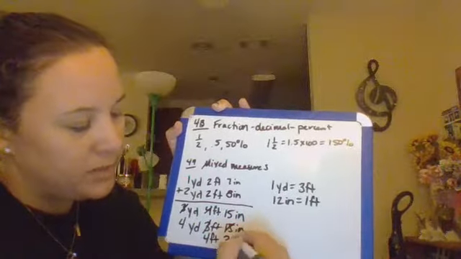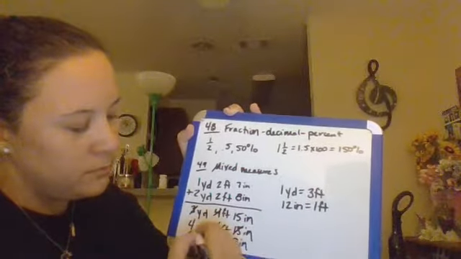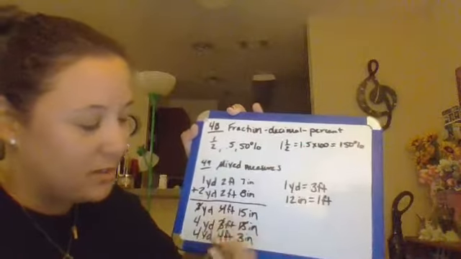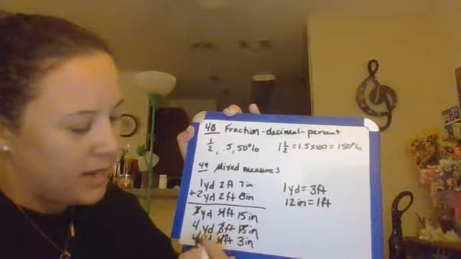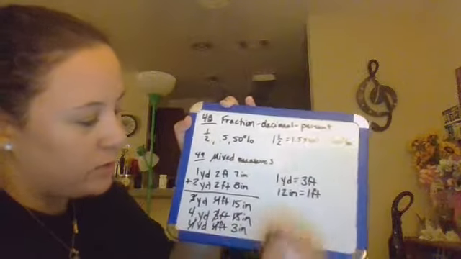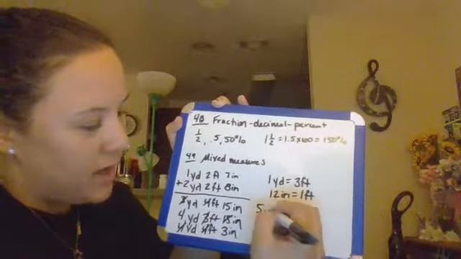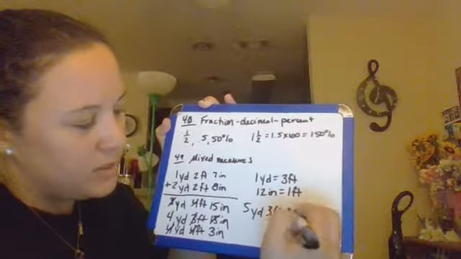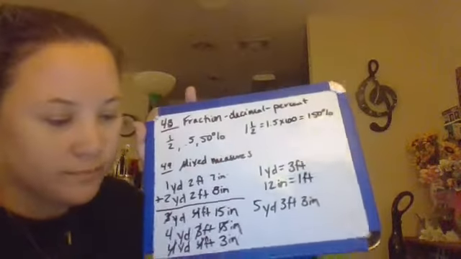And then we have 3 inches left. But then again, we have 4 feet again, so we need to cross it off and add it to our yards over here. So I'm going to put it over here. So it's 5 yards, 3 feet, 3 inches is our final total.